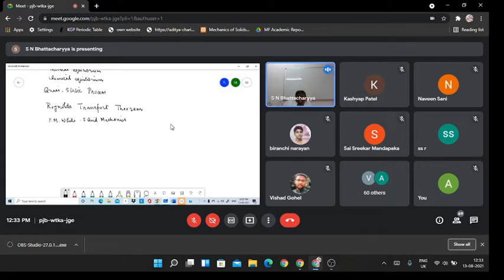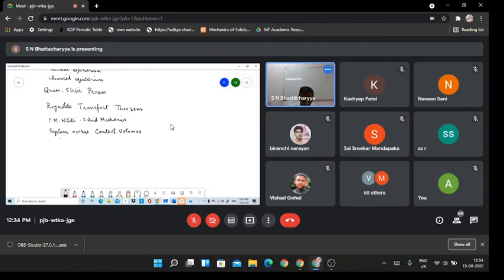Now, the terminology used in the fluid mechanics book by F.M. White is a little different. So he talks of system versus control volumes.